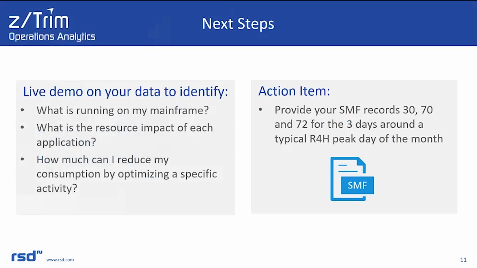And then the next step is that they get all excited about it, but then they send us their SMF records, the 30, the 70, and 72. And we can turn it around, and then when we are giving them a demonstration with their data, it's very compelling, it's very powerful, and the time for them to actually make an investment and acquire ZTrim is just very quick.